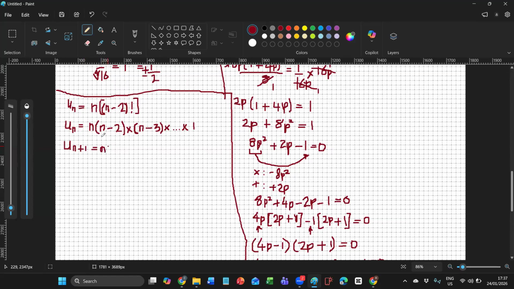If we follow the trend of what U_n is, it means it will be n plus 1, put that one in some bracket, times, now we have to be careful, times n plus 1 minus 2 factorial.